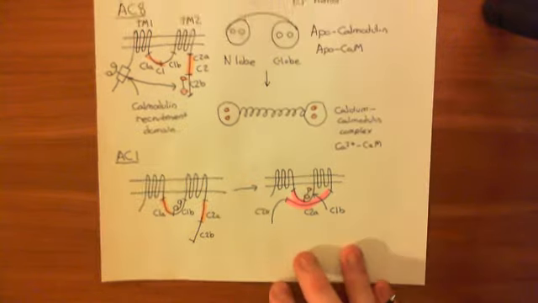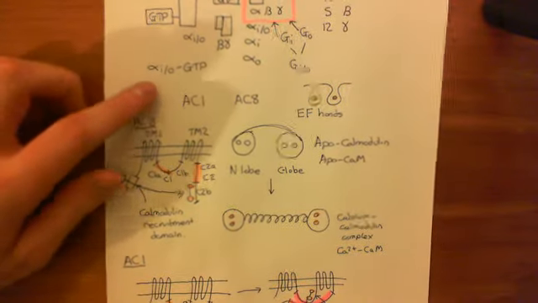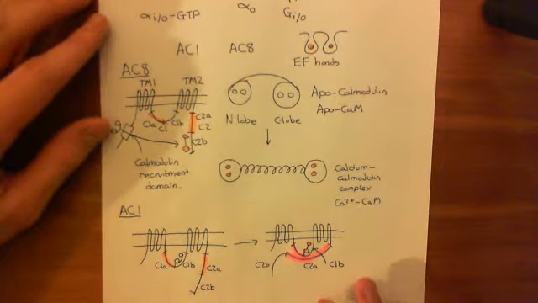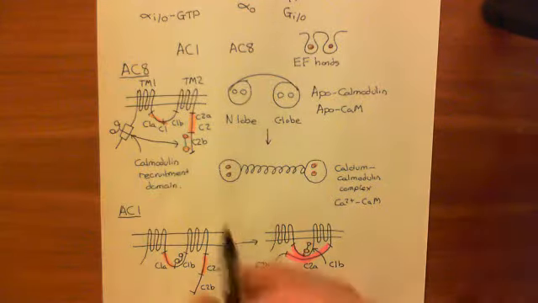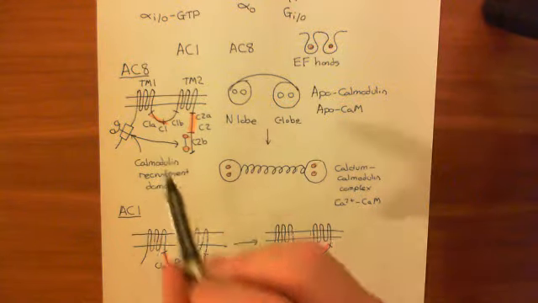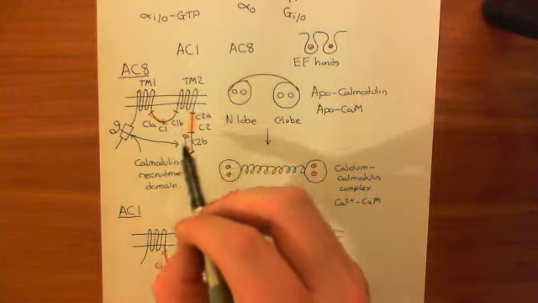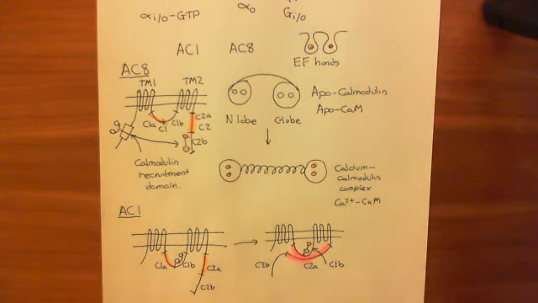Right, so now what we need to do is have a look at how these alpha I/O GTP subunits block this. And basically what alpha I/O GTP subunits do is they come in and they bind to the C1 region of the adenylyl cyclase, and they also bind to the C2 region, and they hold them apart basically.